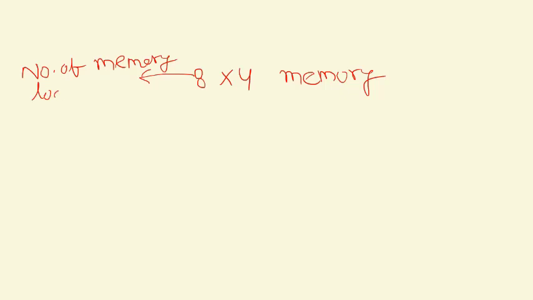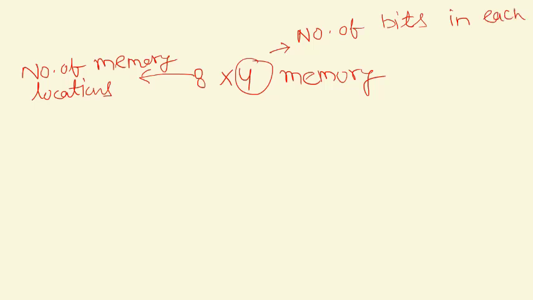So there are 8 memory locations, and each memory location has 4 bit data. So this 4 is the number of bits in each memory location.